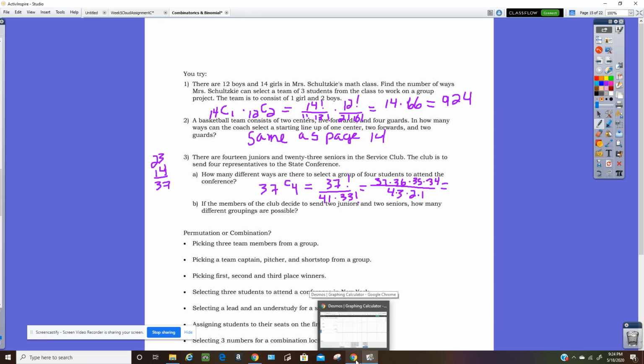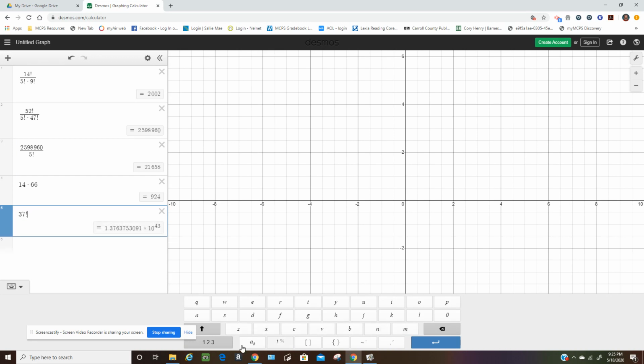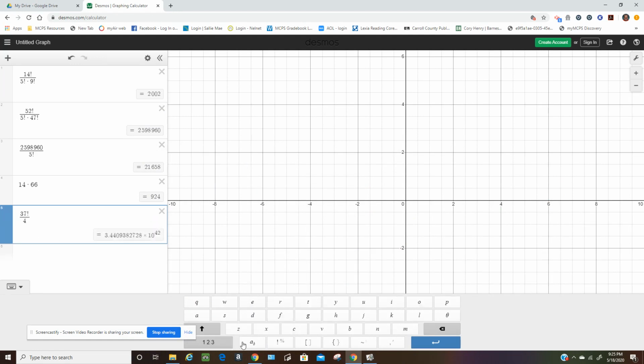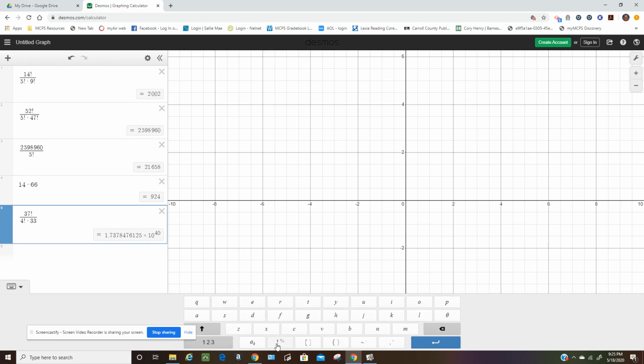So 37 factorial divided by 4 factorial times 33 factorial is 66,045.